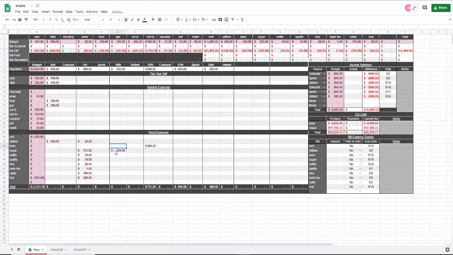Hold on, we forgot to allocate ourselves first, third. Let me just go ahead and take care of this. There we go. So of course, like I said, pay yourselves first. So 300, we'll go ahead and take care of that Rogue.